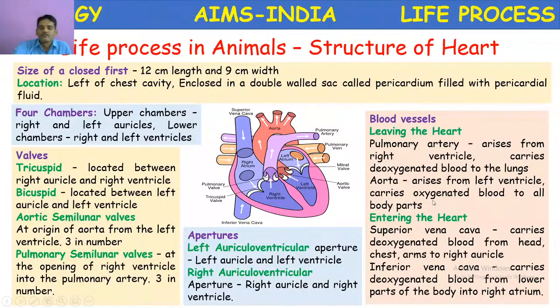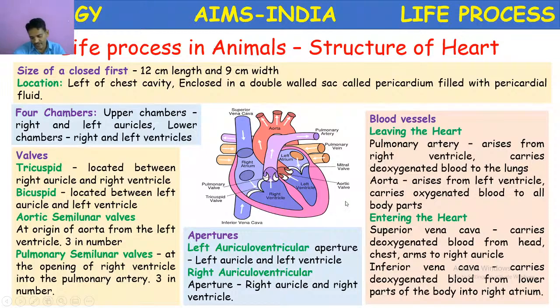Another vein is the pulmonary vein, which carries oxygenated blood from the lungs to the left atrium. So among the 4 chambers, the right auricle is filled with deoxygenated blood, which is pumped into the right ventricle. The left auricle is filled with oxygenated blood by the pulmonary vein, which is pumped to the left ventricle, and then to all parts of the body.